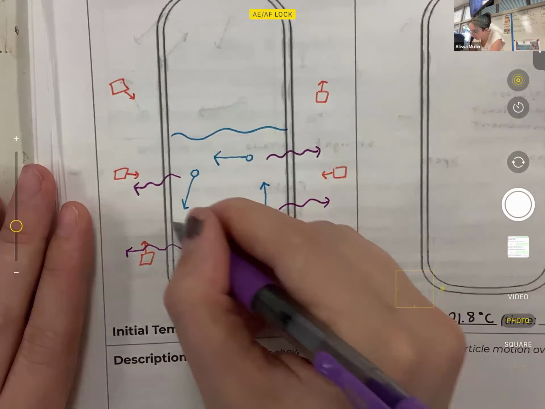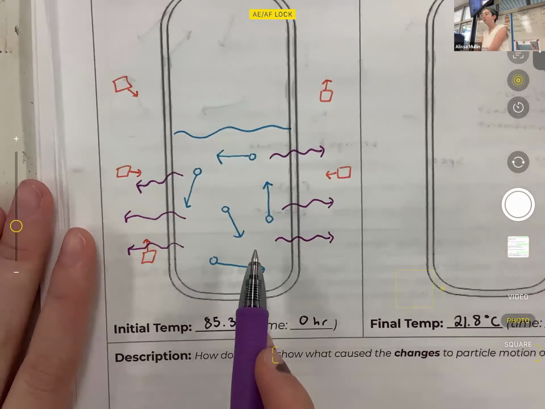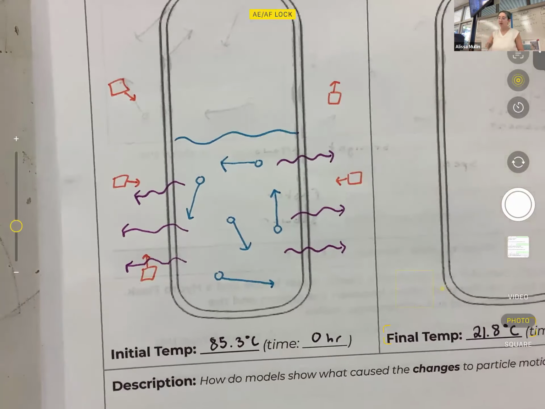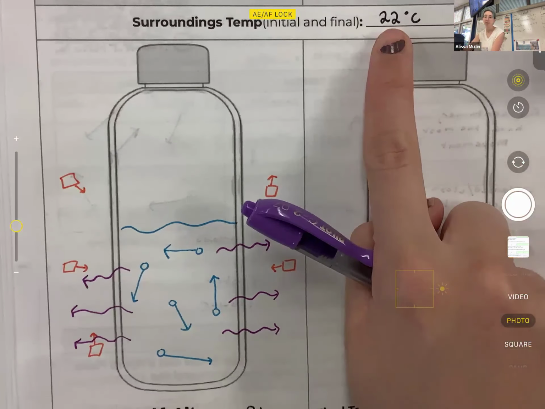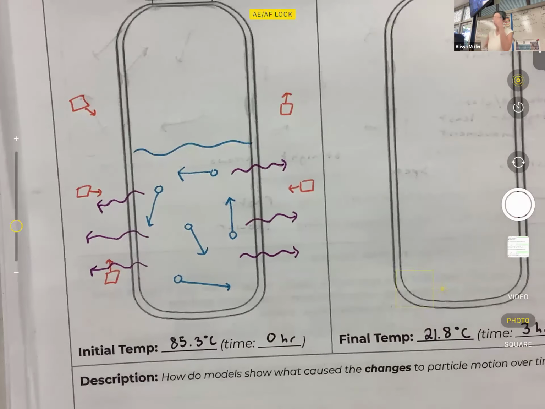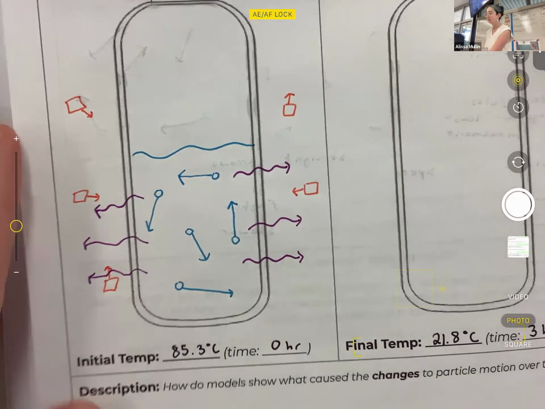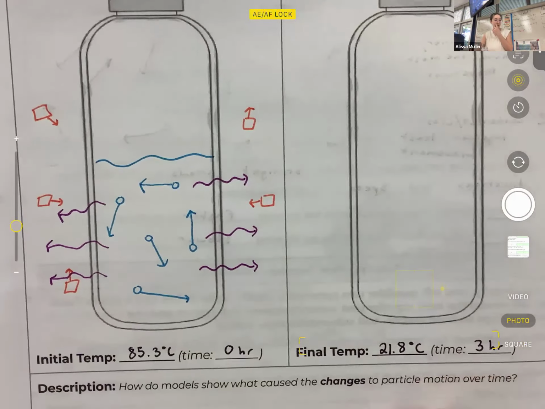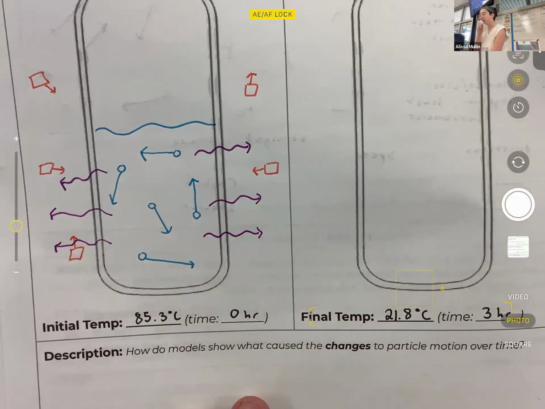These might look different for each of us, but something like this, from the bottle to the surroundings. Because whenever there is a temperature difference, we're going to see heat transfer, whenever things are in contact and we see a temperature difference. All right. So that's what our initial would look like in the plastic bottle.